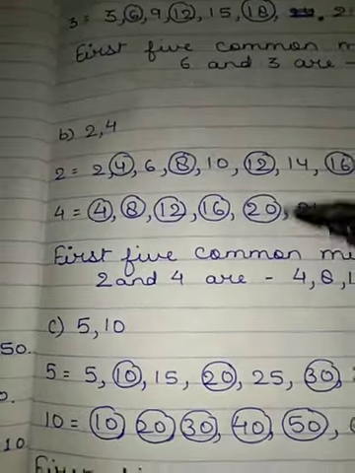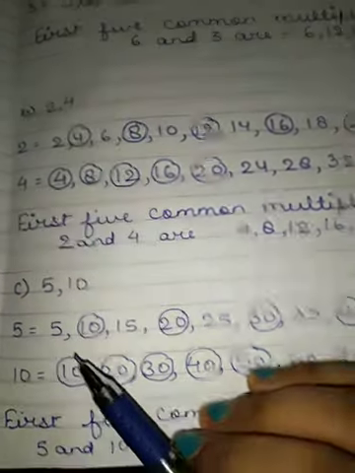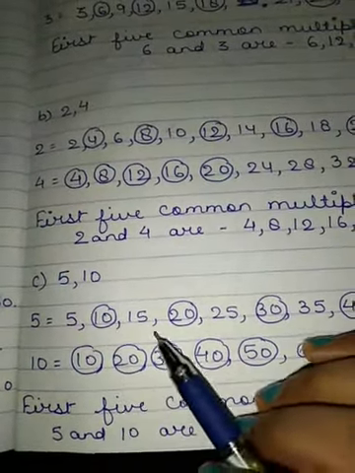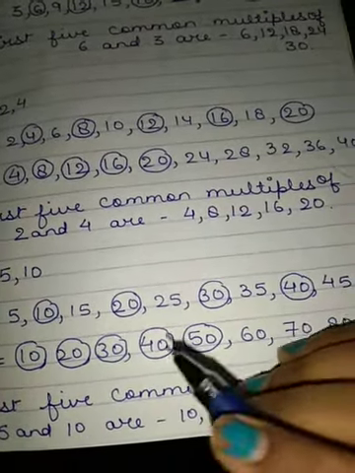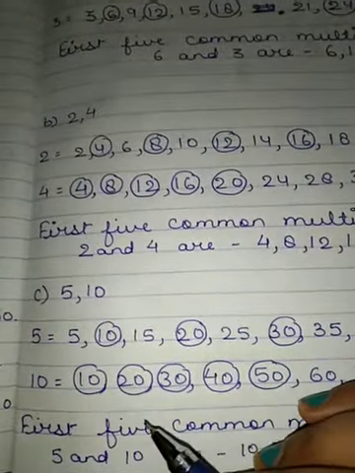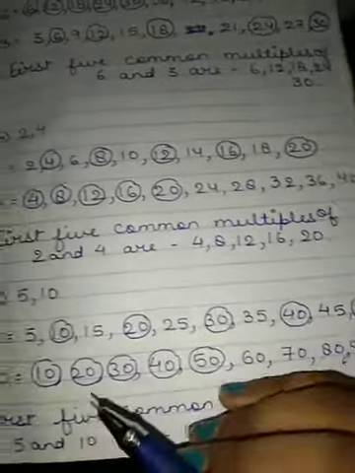Now question number C, 5 and 10. So we will write the table of 5: 5, 10, 15, 20, 25 and 30, 35, 40, 45 and 50. Now table of 10: 10, 20, 30, 40, 50, 60, 70, 80, 90 and 100.